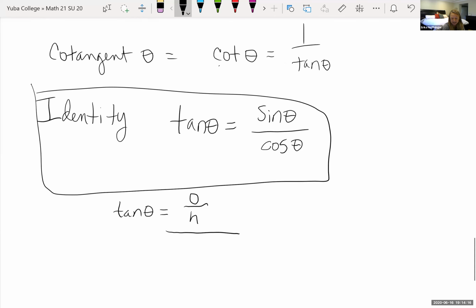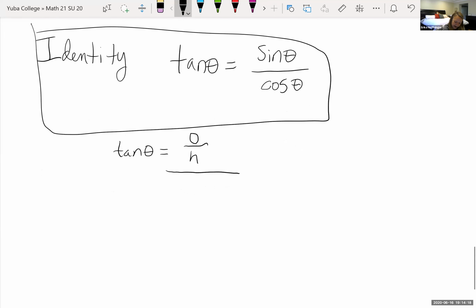Cosine was adjacent over hypotenuse, so A over H. Recall, if you have a fraction divided by a fraction, it's the numerator times the flipped denominator fraction, H over A. Notice now we have the H in the numerator and denominator, those cancel. And this is equal to O over A, which is opposite over adjacent, which is what our tangent theta is.